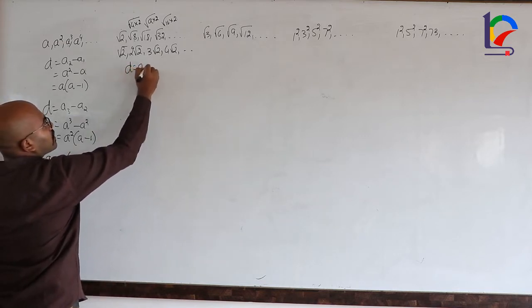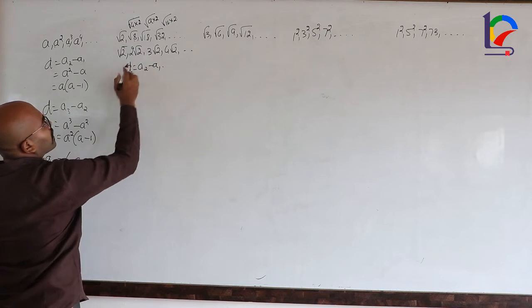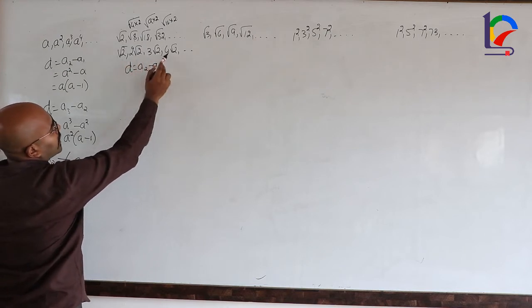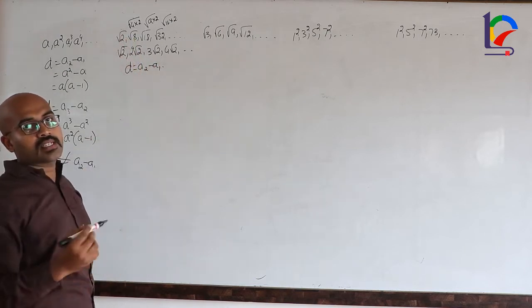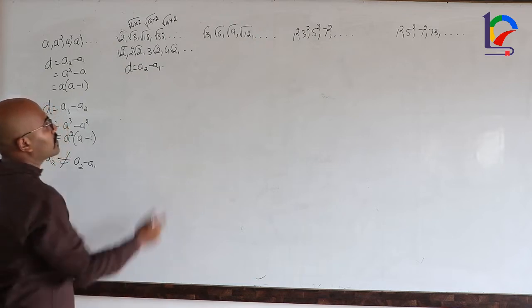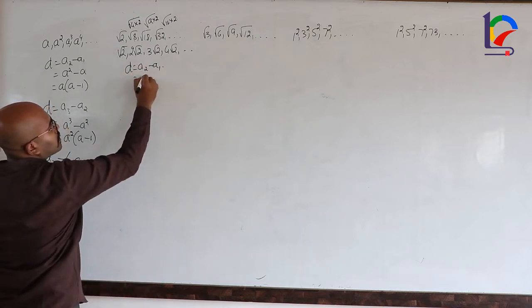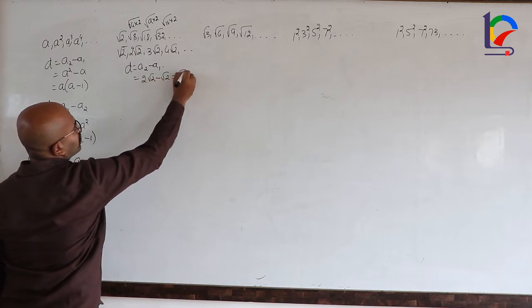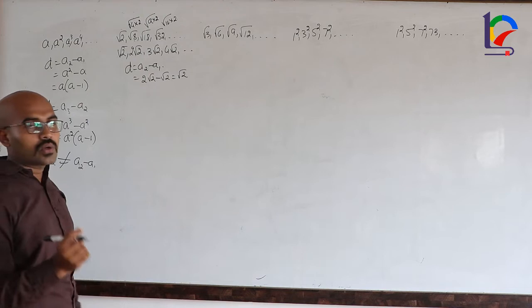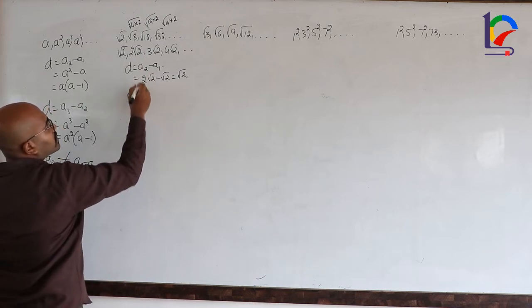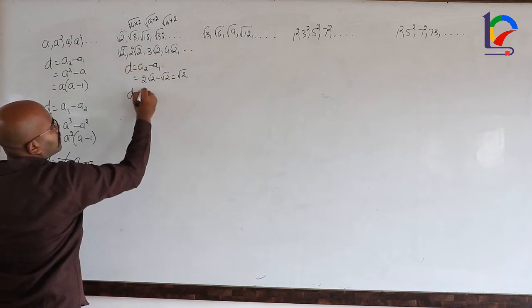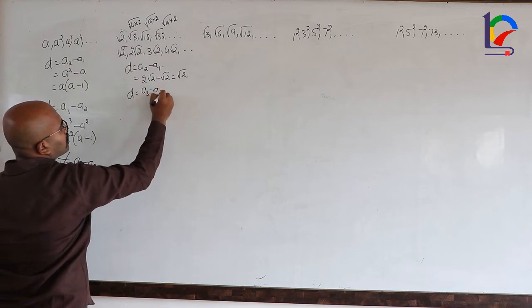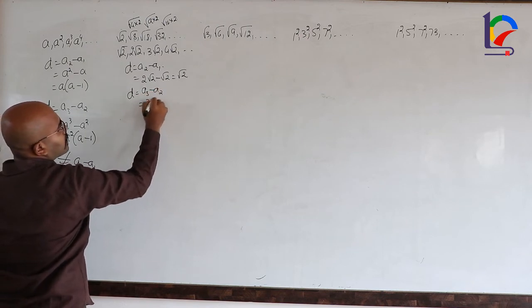So d is a2 minus a1. Here this is a1, a2, a3, a4. It's the same. We have just simplified. So what is a2? 2 root 2. What is a1? Root 2. So we are left with root 2. Similarly, next a3 minus a2. What is a3? 3 root 2.